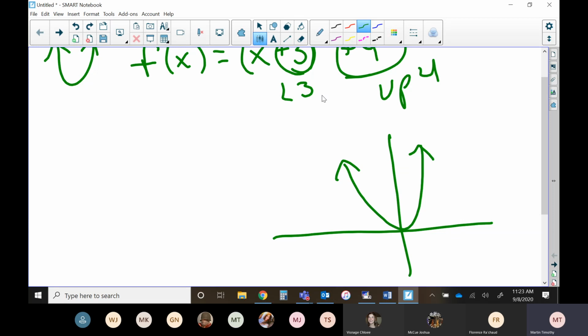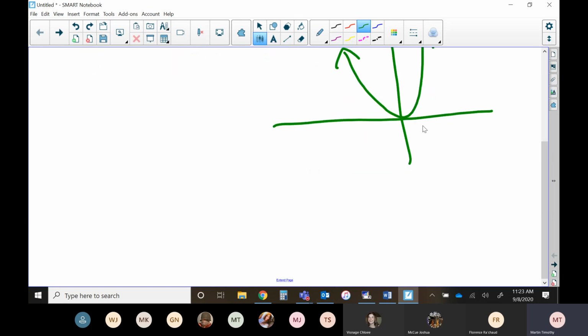How is this going to help me? I know I'm going to go left 3 and up 4. That means that when I draw my X and Y chart, where did I zoom in? What quadrant did I zoom in on? I zoomed in on 2. Why? Because this parabola is going to be moved left.